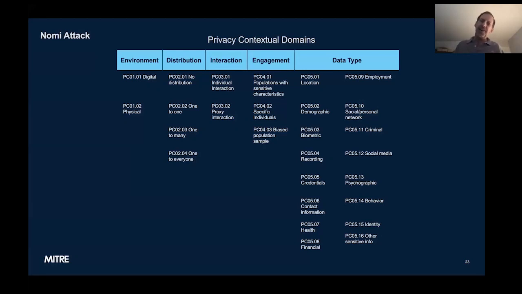All of that data went to Nomi. They then aggregated that information, ran some analytics on it, and sent the reports back to their customers. Now there was a website.